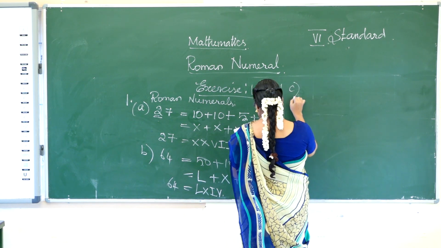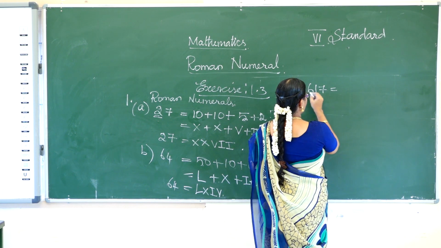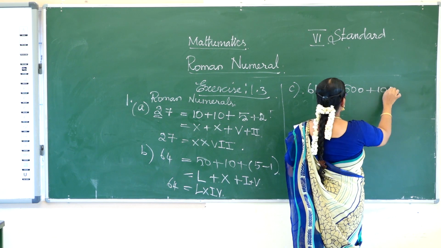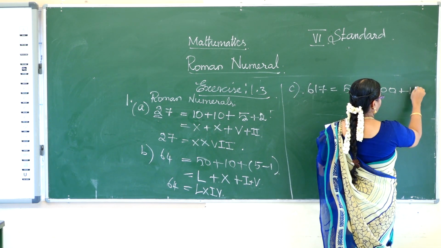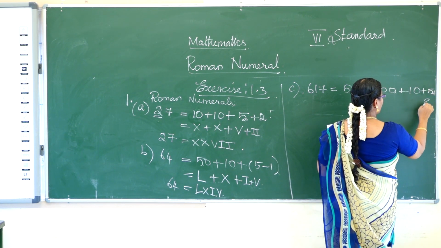And next, 617. The nearest is 600, that is 500 after 100 added makes 600. What are the remaining elements? 10, then 5 plus 2.